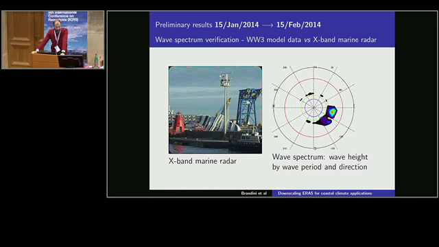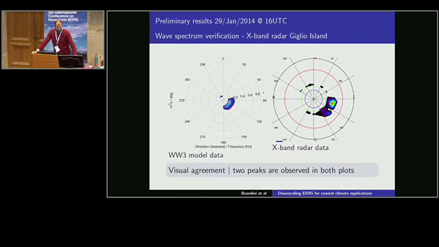On the left-hand side, we have X-band marine radar data that has been used again in Giglio Island during the Costa Concordia removal project, that has been proven to provide reliable measures of sea state conditions, even if for a few kilometers of range. And it is possible to obtain the wave spectrum by using this data.